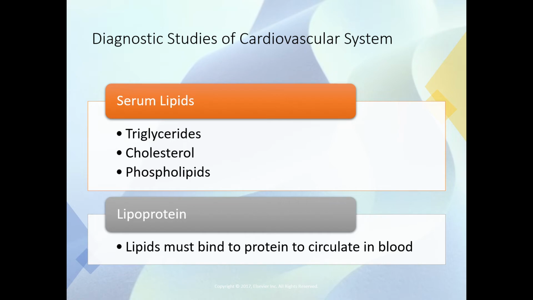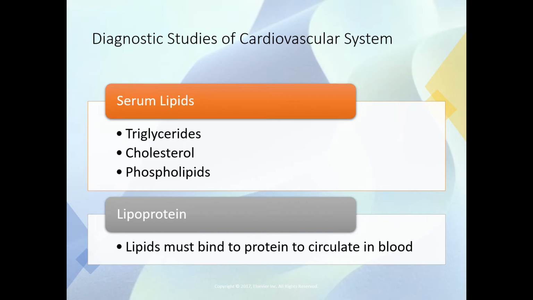We need to remember that cholesterol is synthesized in the liver. So we want to make sure our patients have a good liver, so their AST and ALT are normal as well, because otherwise it won't be able to synthesize that cholesterol, and the lipoproteins, which are synthesized by the liver as well.